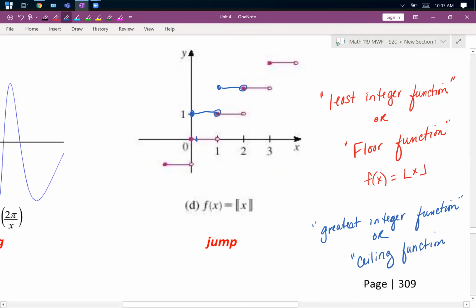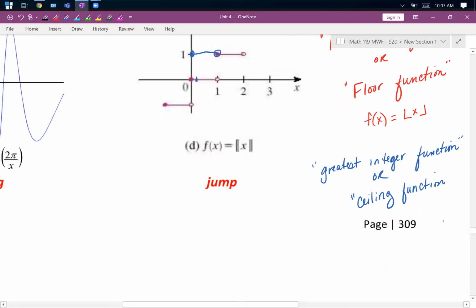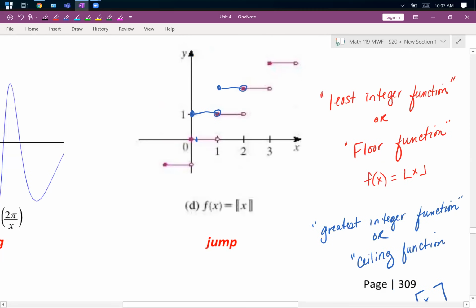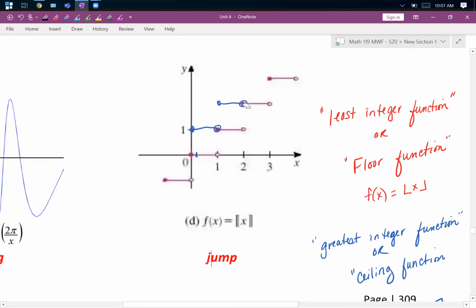This is denoted very similarly, but the bars are up top. That's why I don't totally understand this notation that I pulled out of your book, because how do I know the difference between the least integer and the greatest integer function? I just wanted to share that bit with you because you may run across that function in your calculus sequence, and I don't want it to be something you've never seen before.